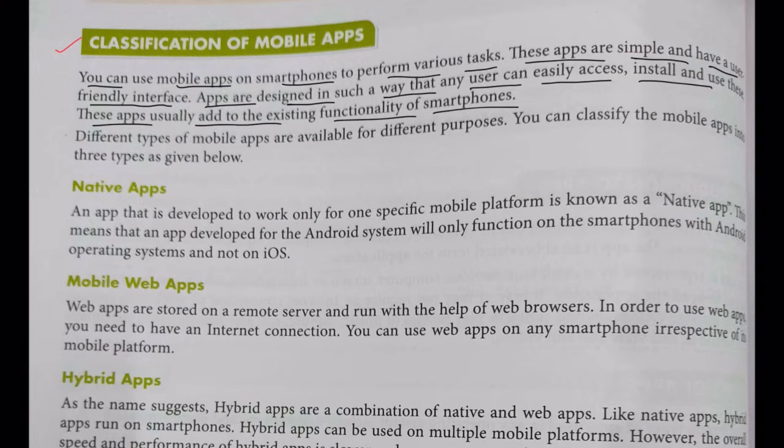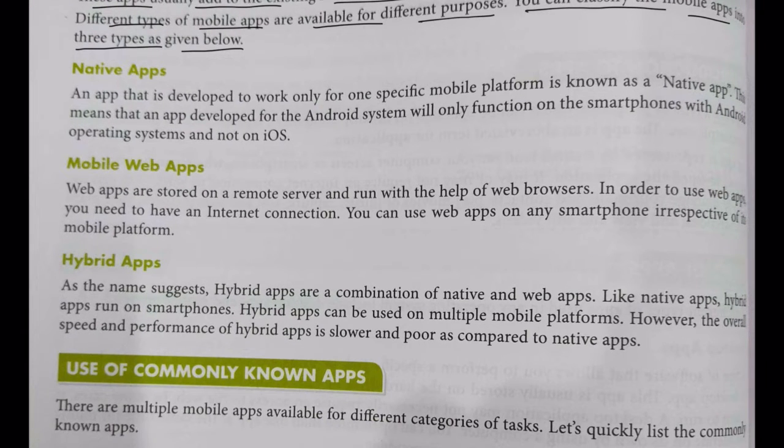Now, different types of applications are available for different purposes. You can classify mobile apps into 3 types as given below. Let's see what types are available. The first type is called native apps. An app that is developed to work for only one specific mobile platform, let's say for Android or for iOS, is known as a native app.